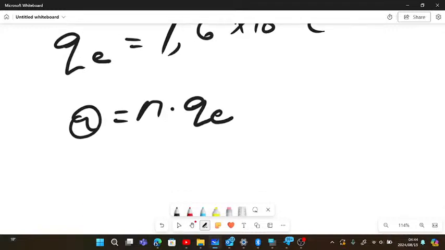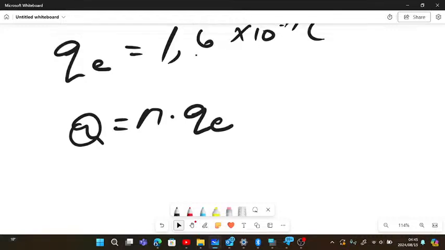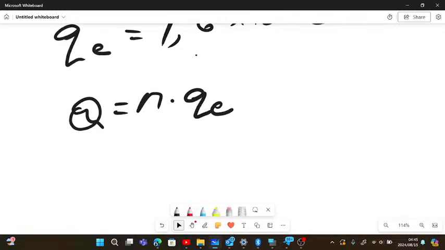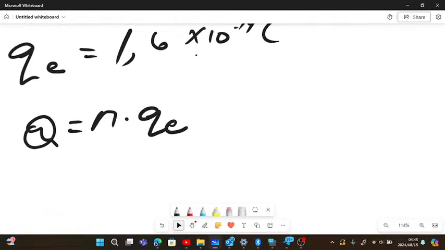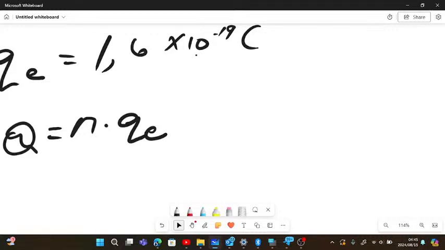So if I'm looking for a charge on sphere 1 and they give me the number of electrons, I'm going to use this formula where n will represent the number of electrons and Q will represent the charge of an electron. The charge of an electron is always 1.6 times 10 to the exponent -19. Remember I said electrons are negative, so for the charge of an electron I'm going to put a negative.